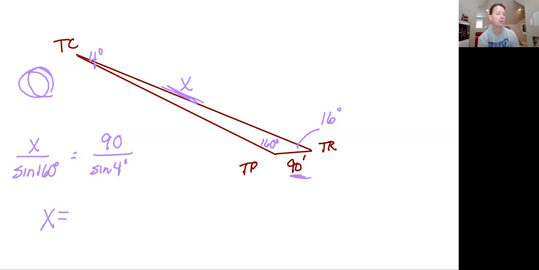We'll give everybody a chance to work through this calculation. Basically, all I would do here is multiply both sides by the sine of 160. And that's where I'd stop. I'd simplify from there.